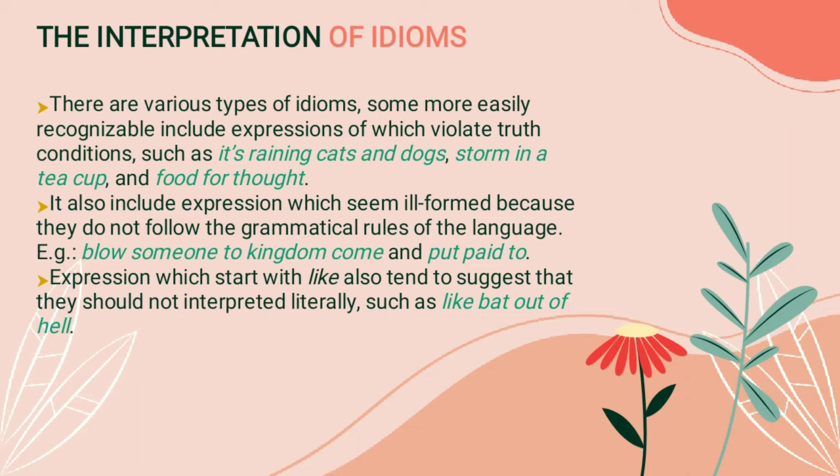Those more easily recognizable include expressions which violate truth conditions, such as "It's raining cats and dogs," "storm in a teacup," and "food for thought." It also includes expressions which seem ill-formed because they do not follow the grammatical rules of the language.